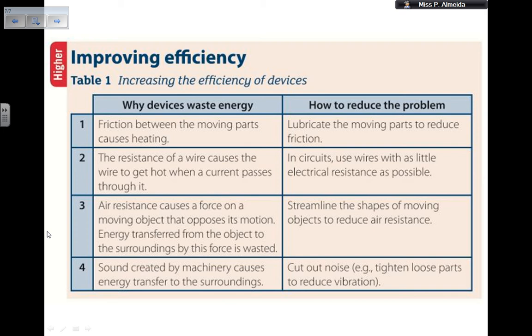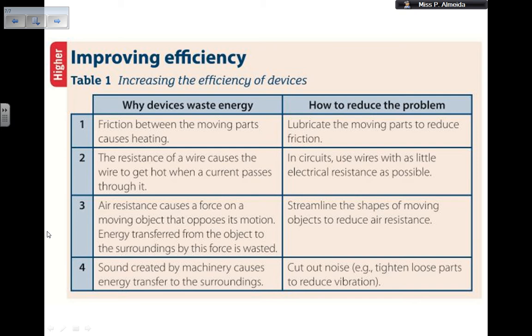If you want to see more on this, check out wind tunnels for fast cars, and you're going to see the shapes and how the air particles flow through the shape when it's streamlined.